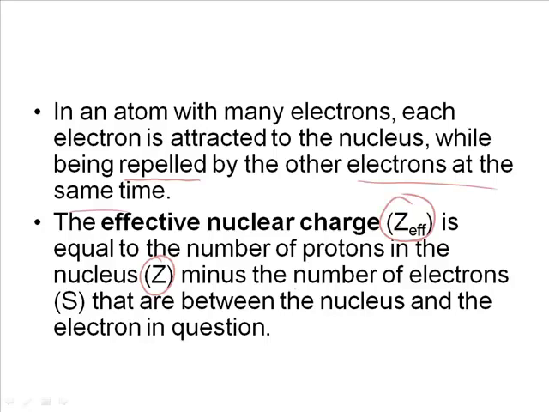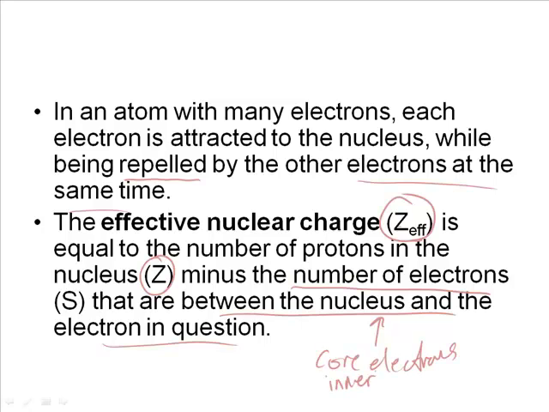Okay, many times the electrons that are in between the nucleus and the electron in question are referred to as core electrons or inner electrons, electrons that are in between the valence electrons and the nucleus.